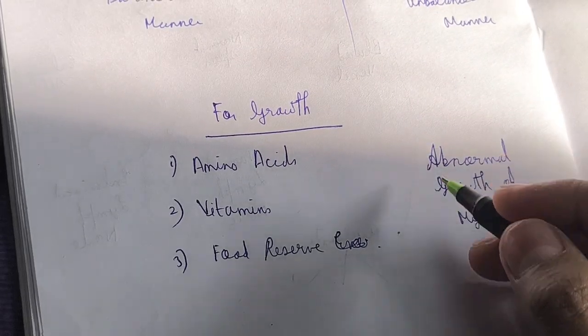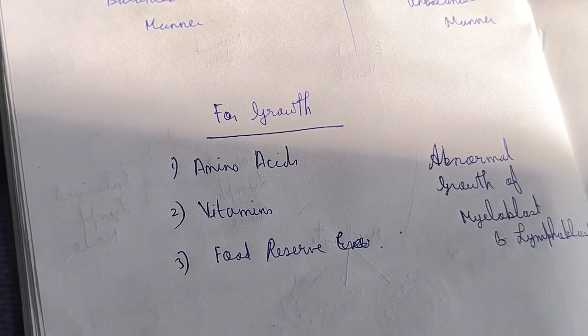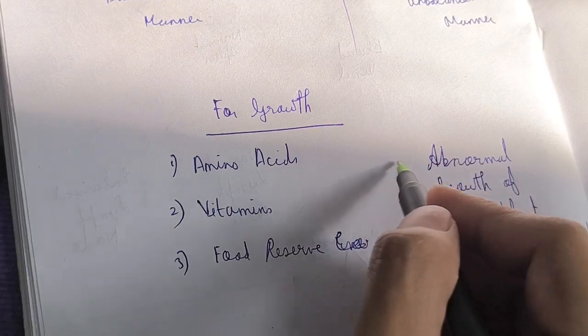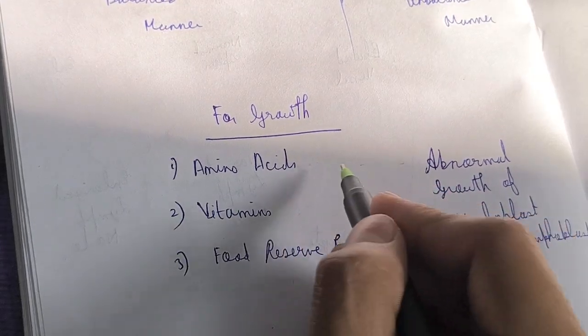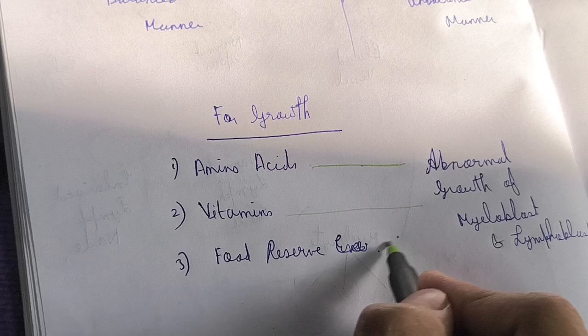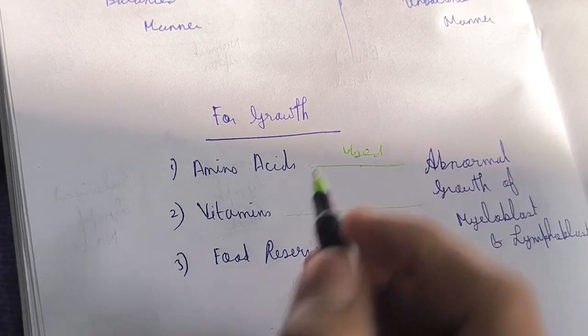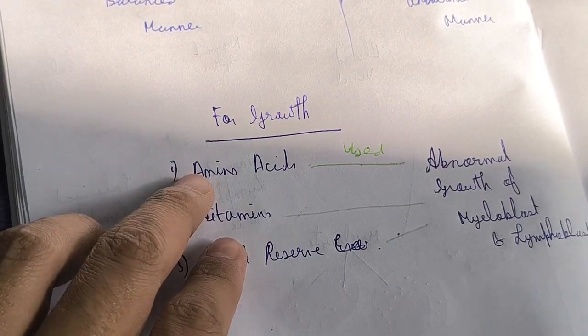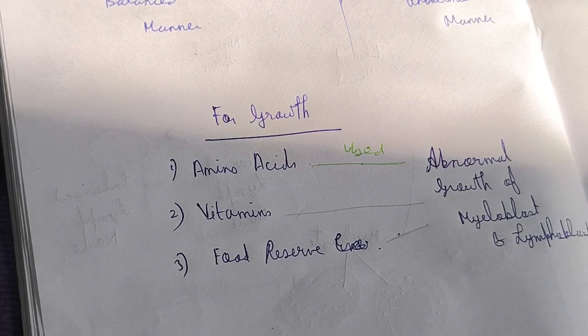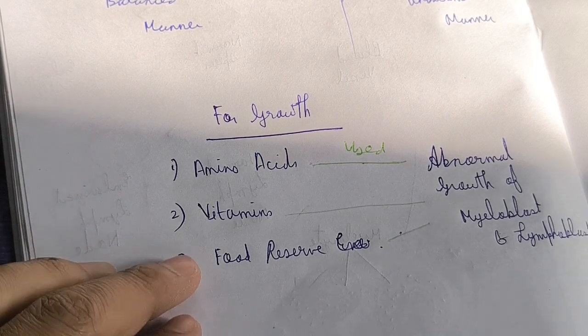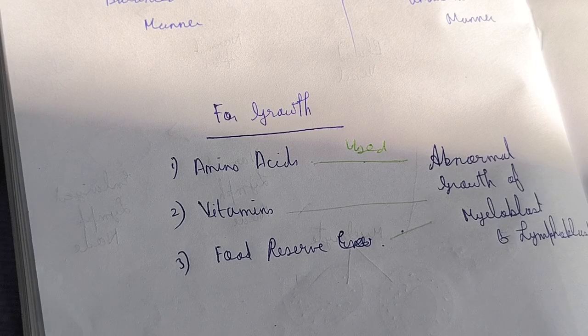For this abnormal growth, all the amino acids stored in our body, vitamins and food reserves are used. Therefore there is deficiency of amino acids, lack of energy, and all these things occur in our body.